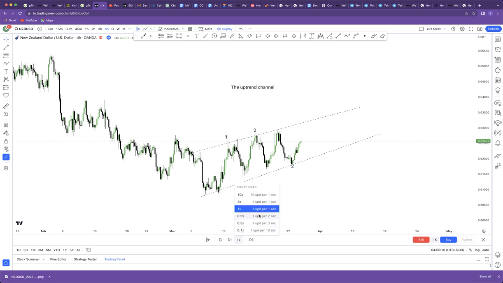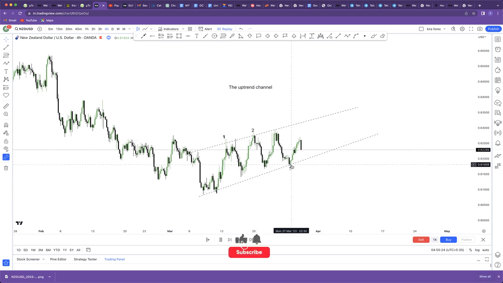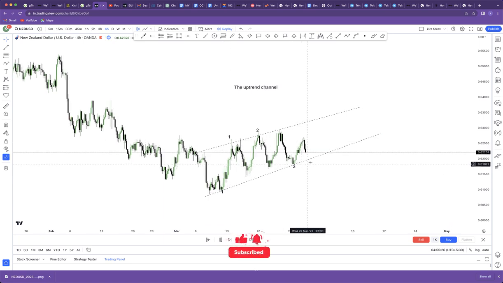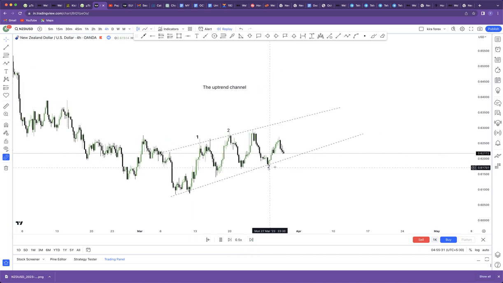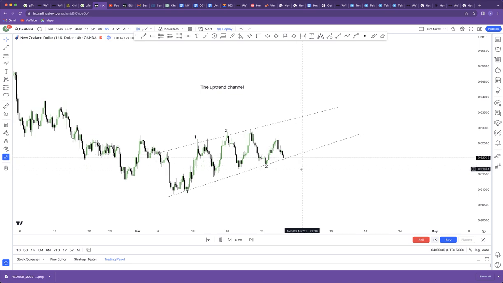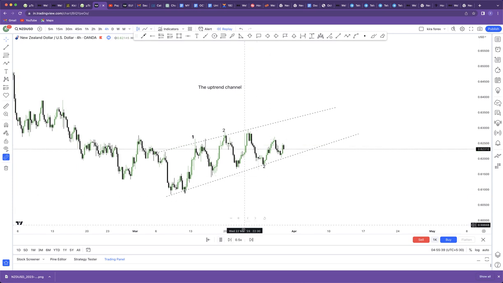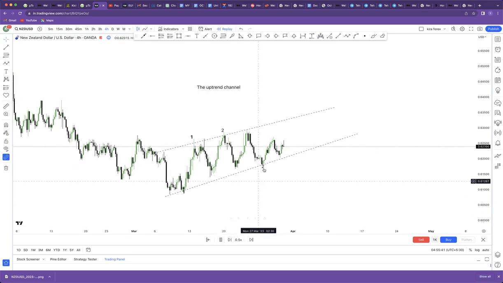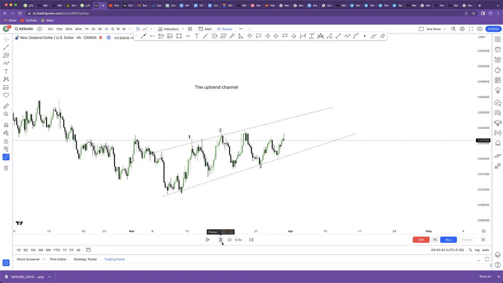Like I said, we have our first touch on the resistance and the second touch on the resistance, and then the first touch on the support and the second touch on the support. Where we are going to be buying is the third touch on the support, and also the third touch on the resistance to make our trade very valid.